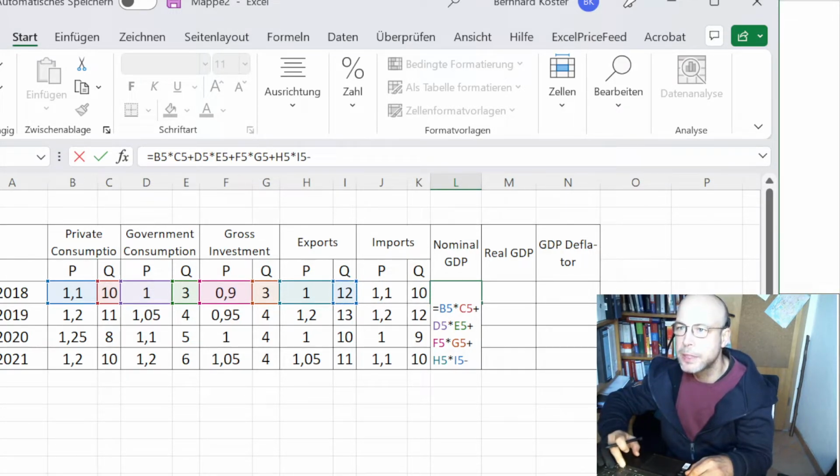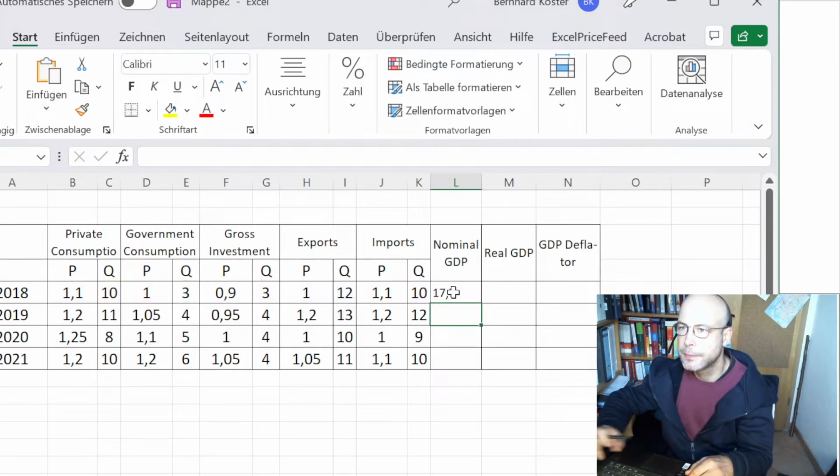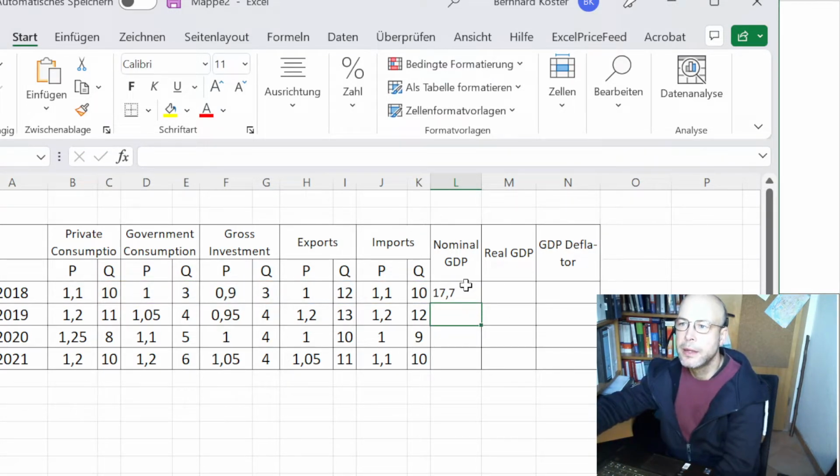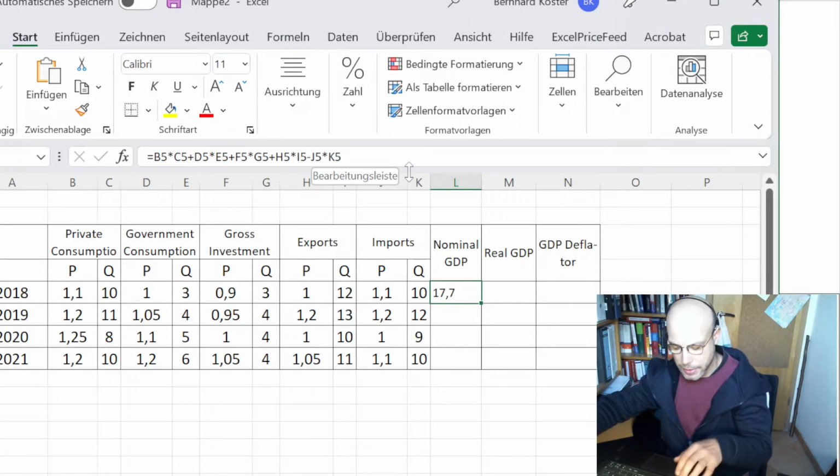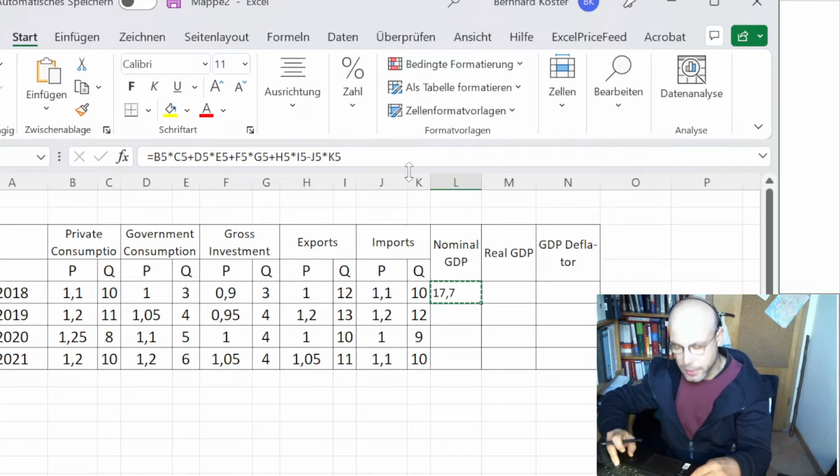And now imports have to be subtracted, minus 1.1 times 10. So this would be then GDP in 2018. And since we have now here our formula, we can just copy this formula downwards.